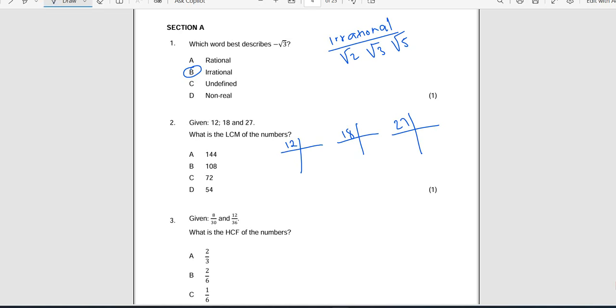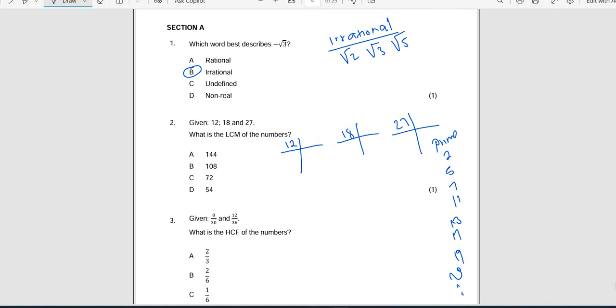Prime numbers are numbers that have only two factors, 1 and itself. Like I listed them in our previous video: 2, 5, 7, 11, 13, 17, 19, 23, to infinity.